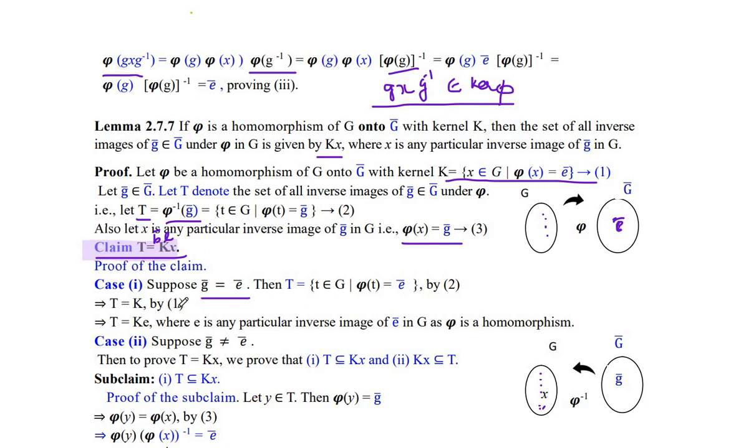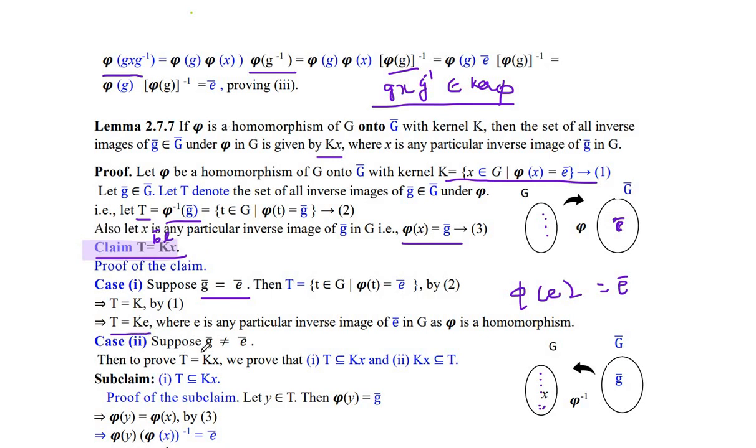So T is K, and this we can rewrite as T is equal to Ke, where e is any particular inverse image of E bar, because phi is a homomorphism. We know that it takes identity element to identity element, and so we can interpret this as e is any particular inverse image of E bar. So in this case, we have the result to be 2: T is equal to Ke.